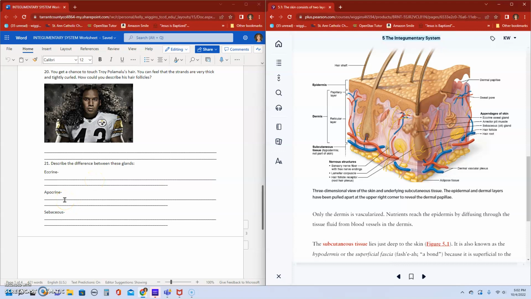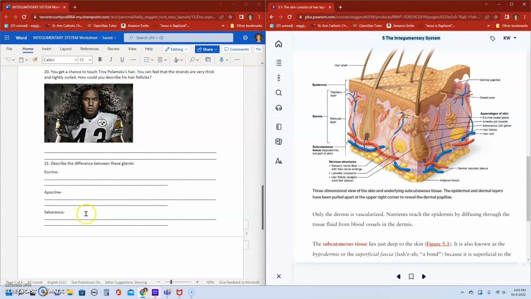Apocrine glands are only in the armpit and anogenital area. They produce a protein and fatty acid type product. Bacteria love to eat that, and it causes a scent. It's also merocrine, so exocytosis, and it's activated at puberty.